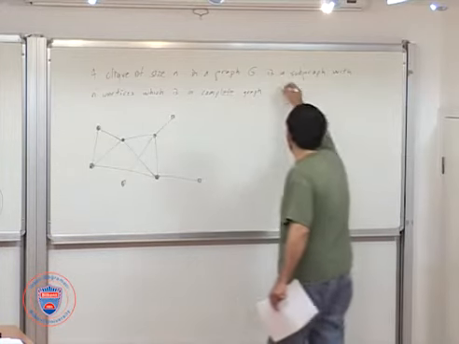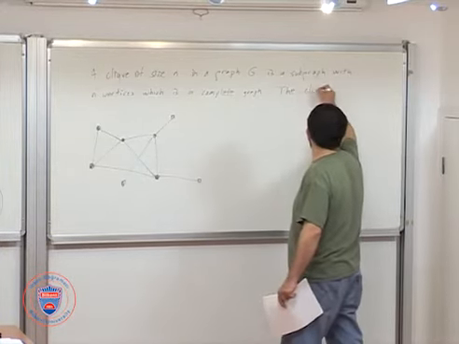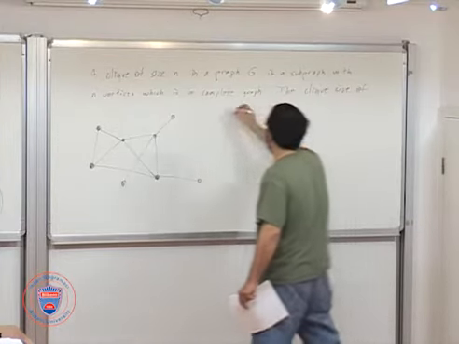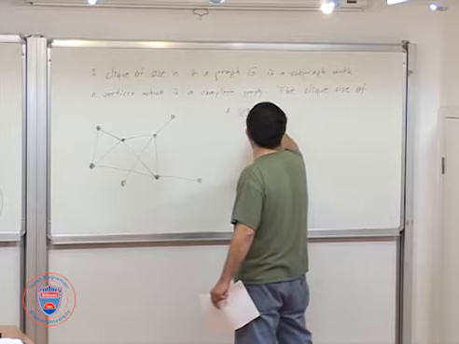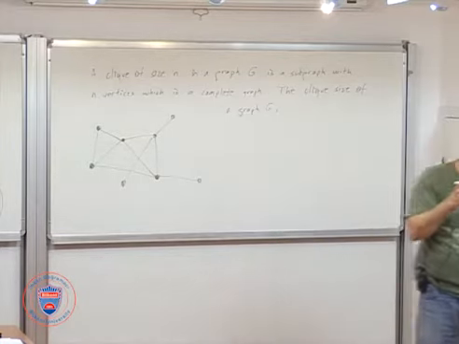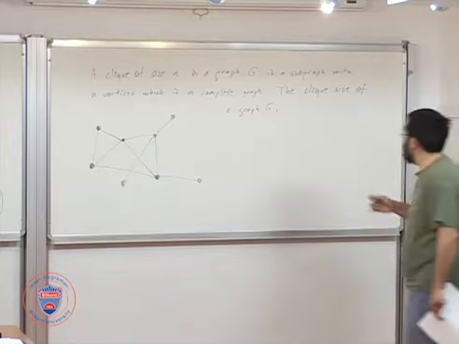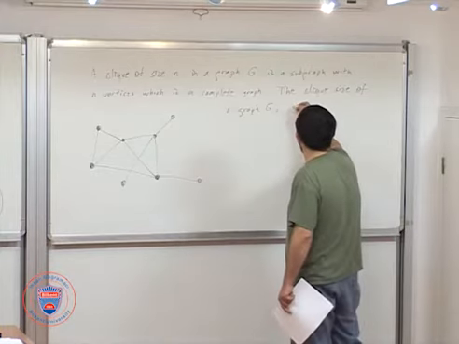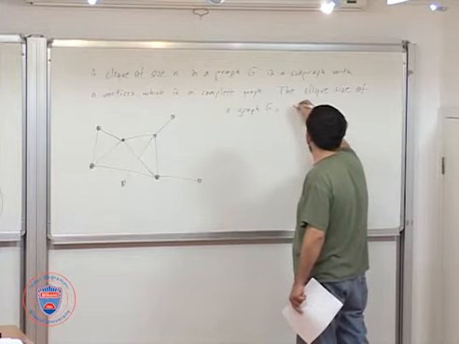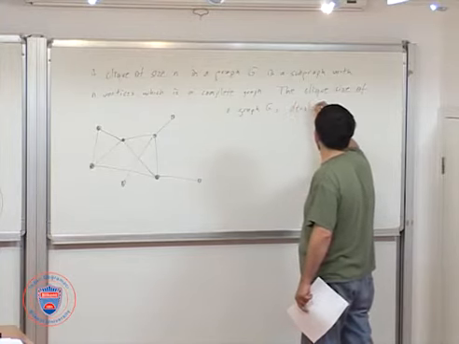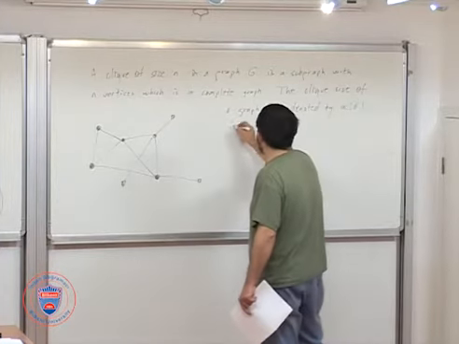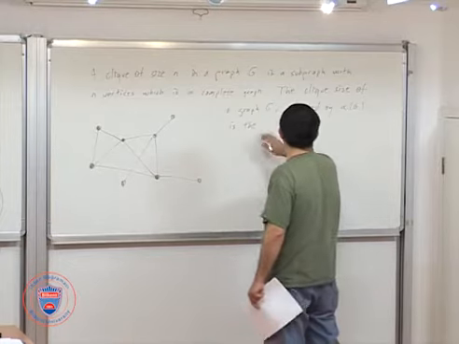So the clique size of a graph G, there's a different notation for this. You can say alpha G, but we could just say clique size, denoted by alpha G, is the size of the maximum clique.